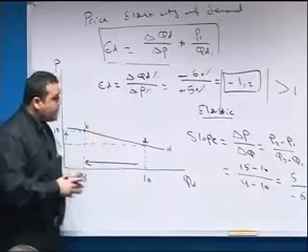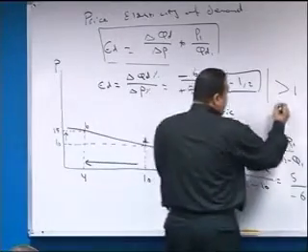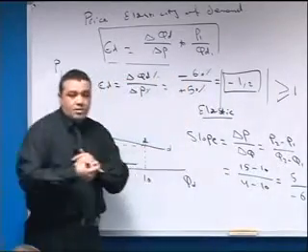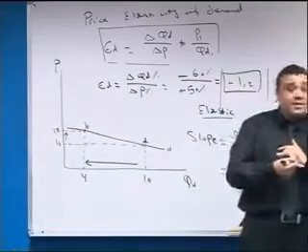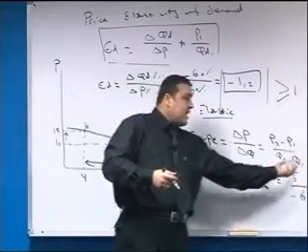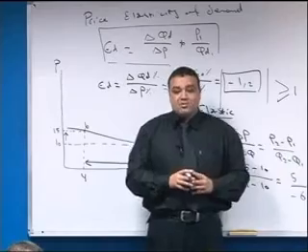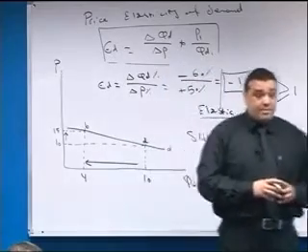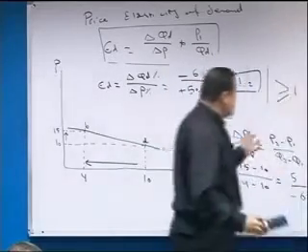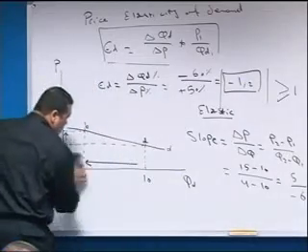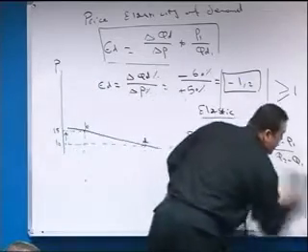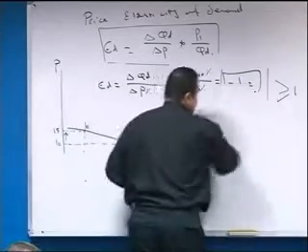As you see, when the demand is elastic, the absolute value of the price elasticity of demand is larger than 1, and the absolute value of the slope is less than 1, right?